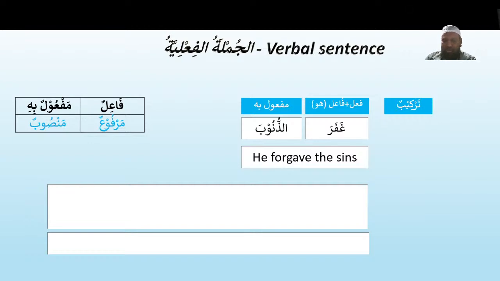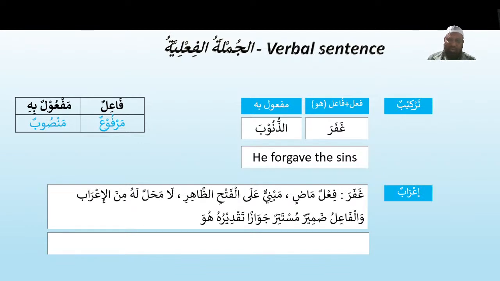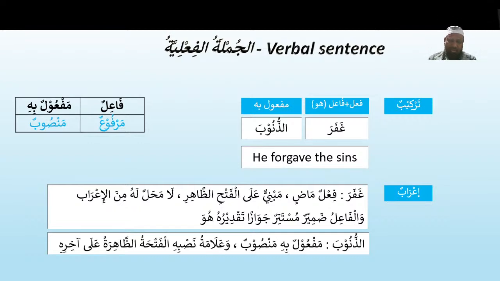Very quickly, the i'rab again is the same. غفر فعل ماض مبني على الفتح الظاهر لا محل له من الإعراب والفاعل ضمير مستتر جوازا تقديره هو. And الذنوب مفعول به منصوب وعلامة نصبه الفتحة الظاهرة على آخره.